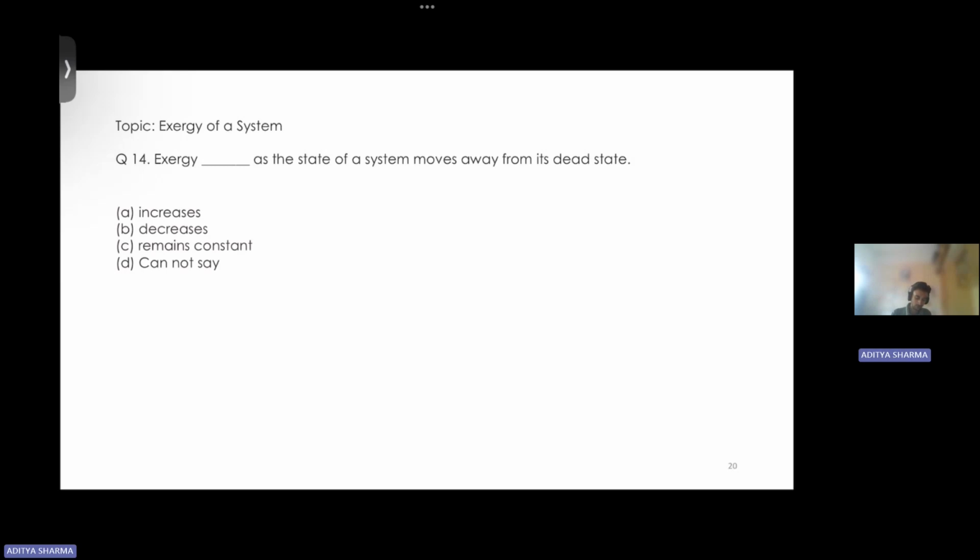So if a system in terms of its current state is moving away from the dead state, what can we tell about the exergy of that system?